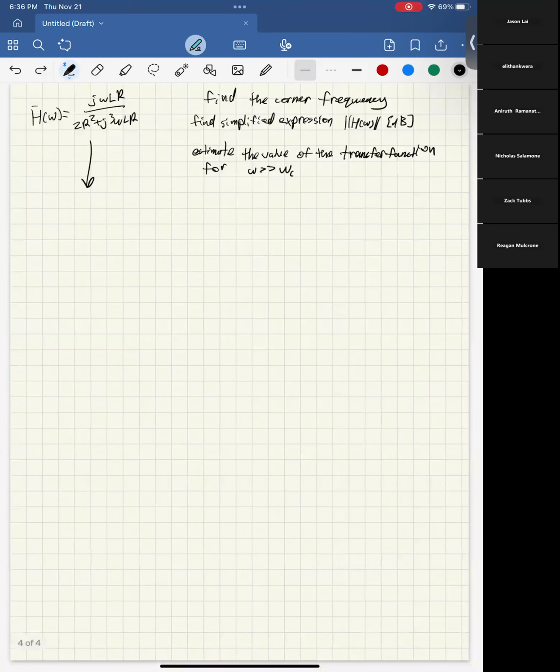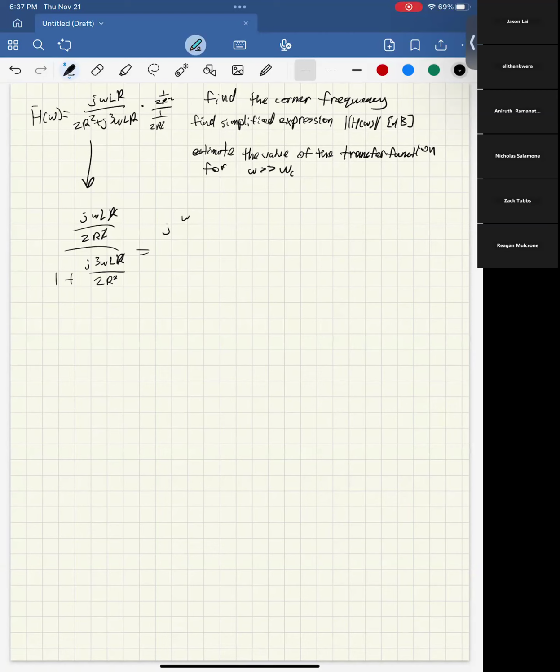So you multiply by 1 over 2r squared over 1 over 2r squared. Then you would get j omega LR over 2r squared over 1 plus j 3 omega LR over 2r squared. This would cancel with that, and this would cancel with that.